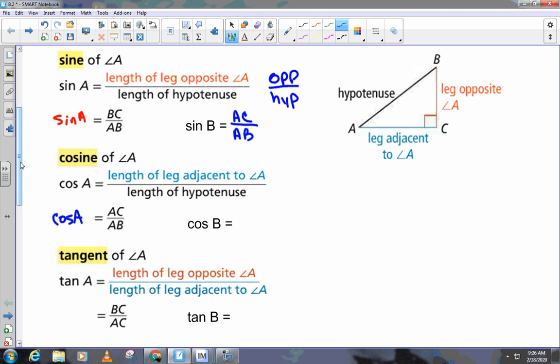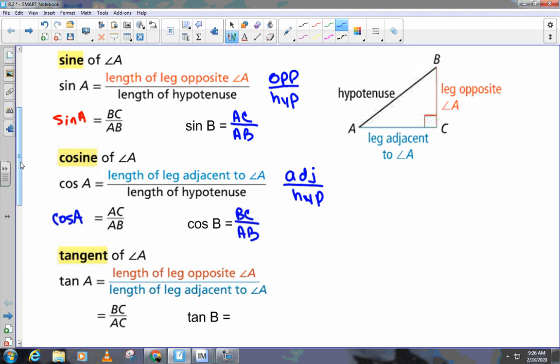We could do it with the other acute angle, adjacent over hypotenuse. So the leg adjacent to B is BC over the hypotenuse, AB. So when you want to do the cosine of an angle, the abbreviation for that is adjacent over hypotenuse.